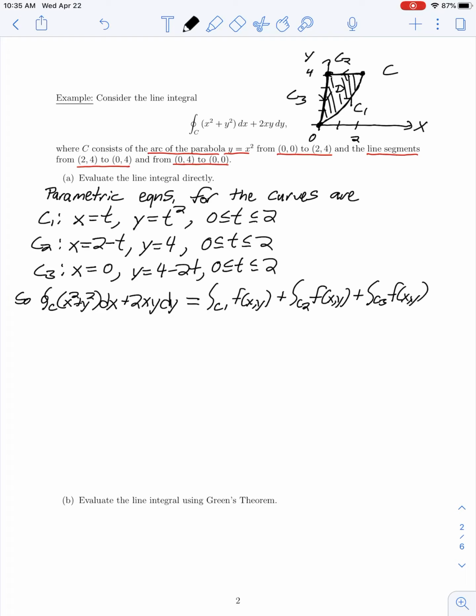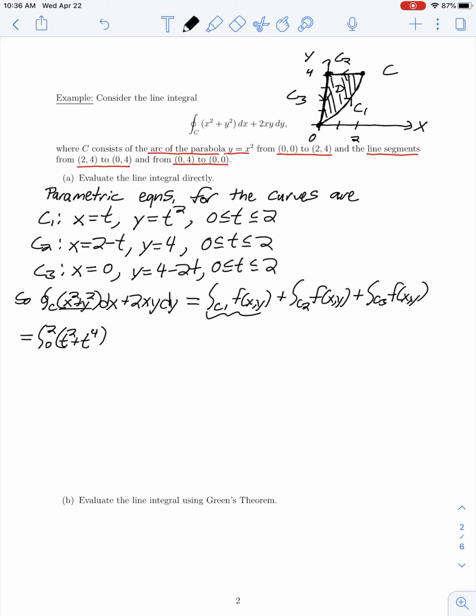So let's set up the integral to find this first piece, the integral over C1. So C1 was parameterized on the t interval from 0 to 2. The function that we're looking at is the sum of x squared plus y squared. So for C1, x squared would be t squared plus y squared would be t to the fourth.